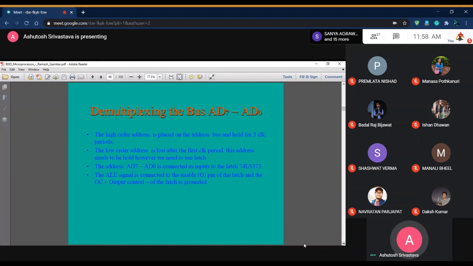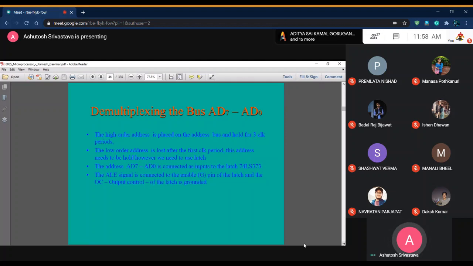So the latch chip is 74LS373, and the ALE signal is connected to enable the G pin of the latch, and the output control of the latch is grounded. So you can just note down, maybe this can be how the internal operation of the communication of your 16-bit address and 8-bit data.